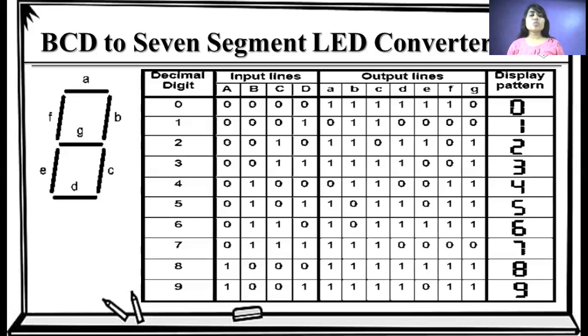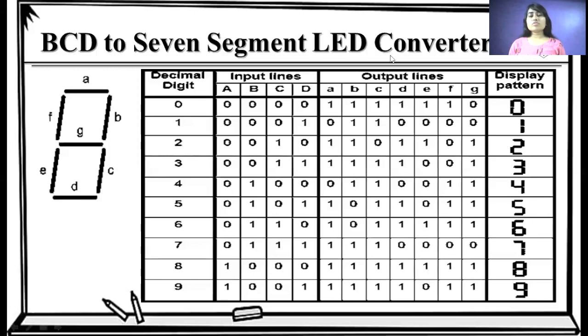So this is how we can calculate the corresponding 7 segment LED display pattern according to this decimal digit, and this decimal digit can be represented in the form of BCD. So this is how we can convert BCD to 7 segment LED according to this table.